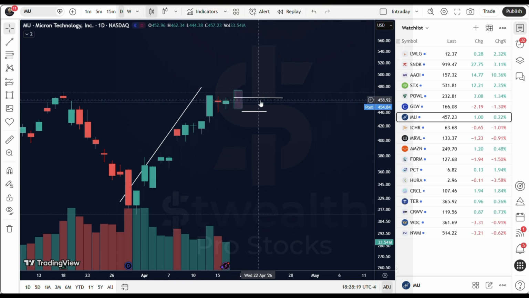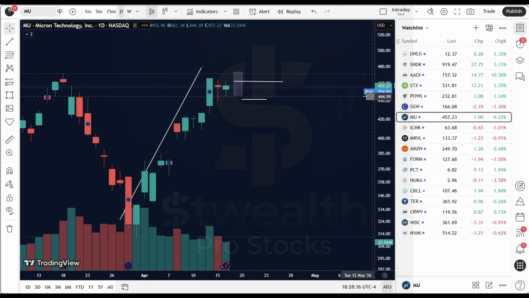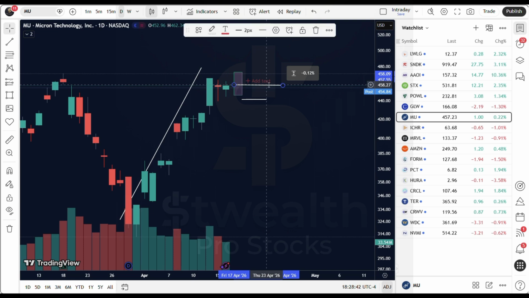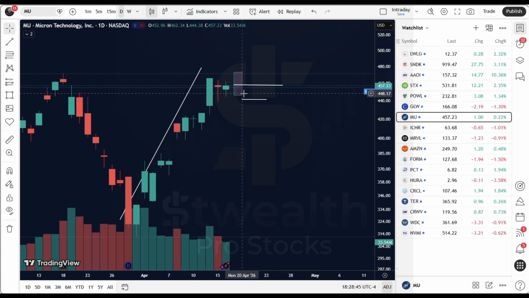If you want confirmation before taking a stock, you don't want to get your stop loss hit. So you want confirmation. One way to look for confirmation is when the price goes above the previous day's high.